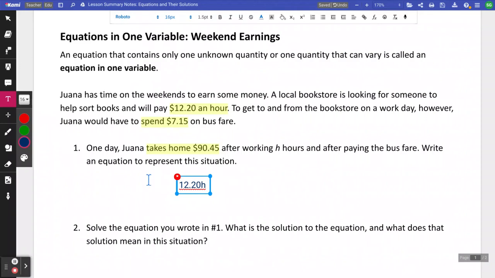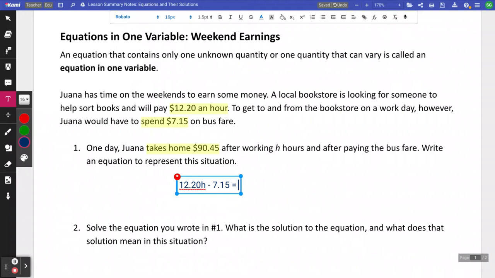That's money she's going to have to take out of what she makes from the bookstore, so with that $7.15 we're going to need subtraction. The $12.20 each is the money she's making from that hourly salary, and then I have to take out the $7.15 for the bus. That $7.15 doesn't need a variable because she's not multiplying it. It's just a one-time thing she has to pay that day.